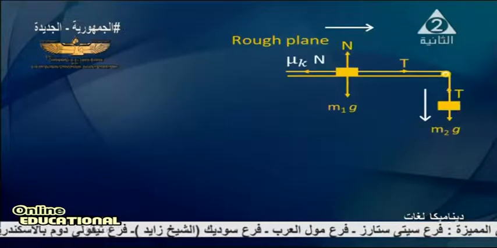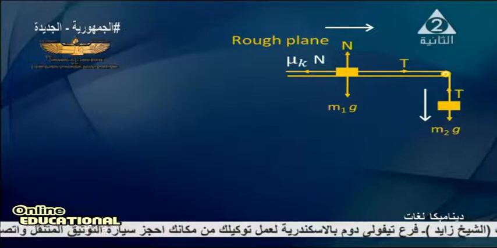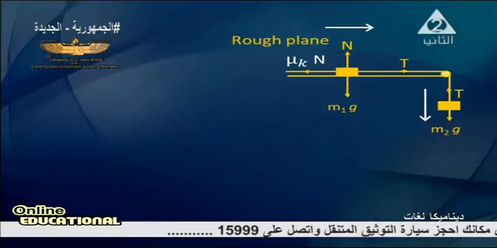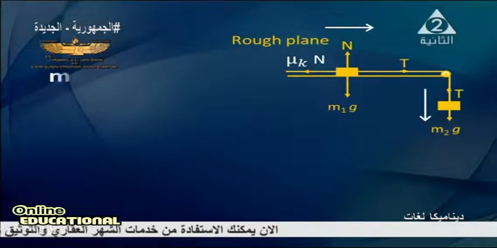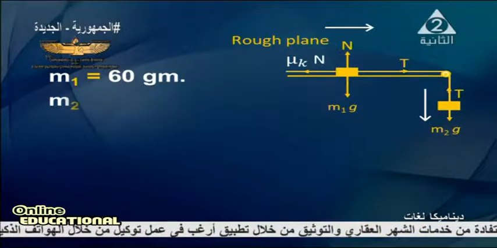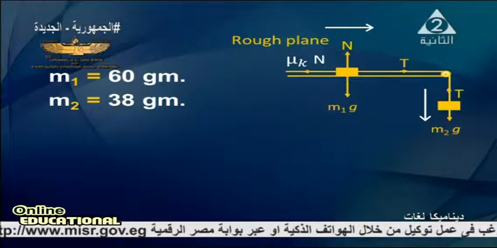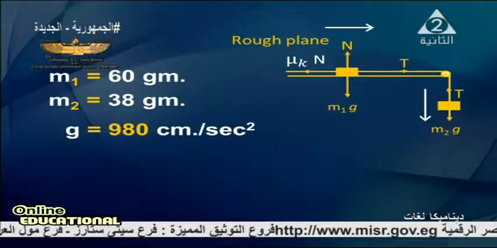Now we have a rough horizontal table. Then the friction force mu k n acts on the body in the opposite direction of its motion. The body M1 equals 60 gram is placed on a rough horizontal table, and the second body M2 equals 38 gram, and the acceleration g equals 980 centimeter per second squared.